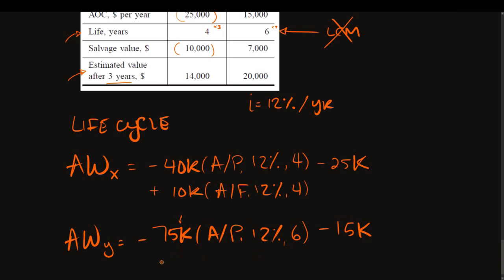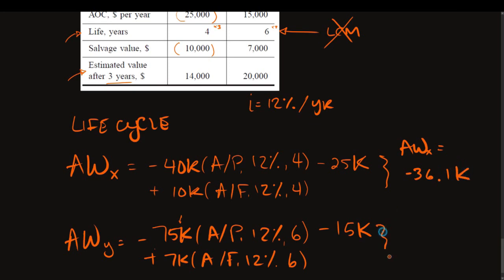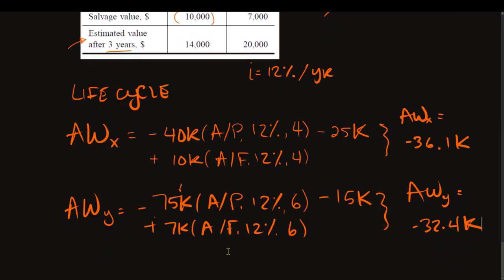And then you have 7K, so you have plus 7K, A given F, 12%, 6 years. This one, so AWX equals minus 36.1 more or less K. And then you have AWY, which is equal to minus 32.4K. So we would choose the least negative one in that case, which would be Y.